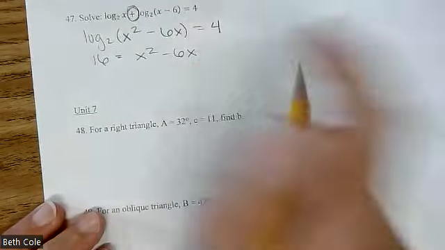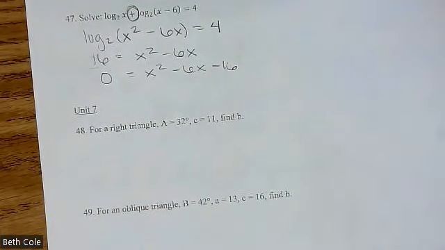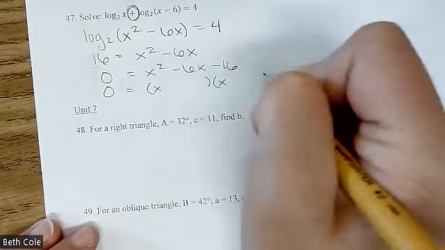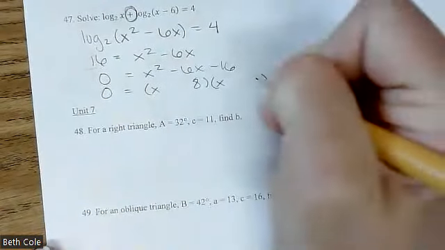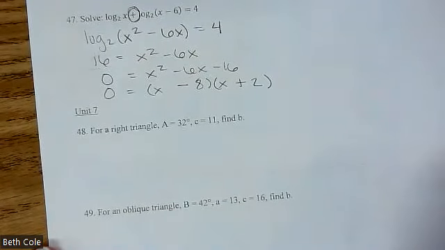You're going to subtract over the 16 so that it all equals 0. And then factor it. So 16 would split how? Yeah, 8. I heard you guys saying it already. 8 and 2. And I even heard you say the negatives. -8, +2.